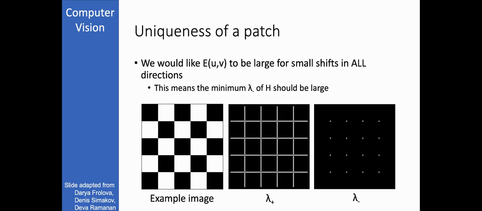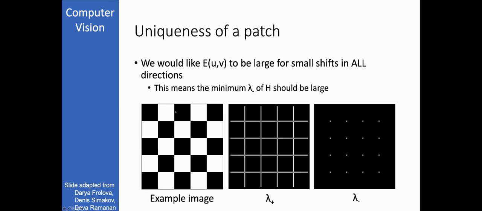So if I want the largest change in all directions, or if I want basically the intensity patterns to change as much as possible in all directions, that means I have to make sure that even the smallest eigenvalue of the structure tensor should be large. And this is indeed the case if I look at an image like this, which is actually composed only of edges and corners.